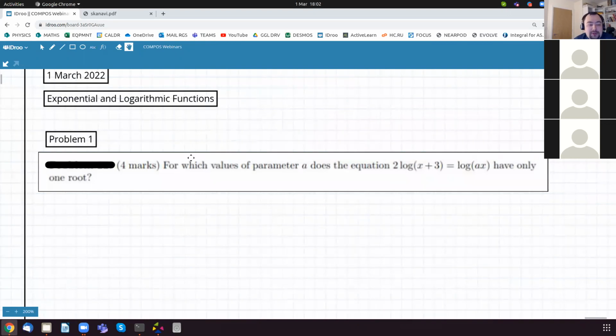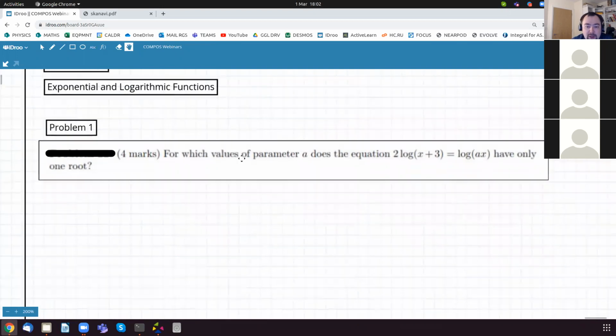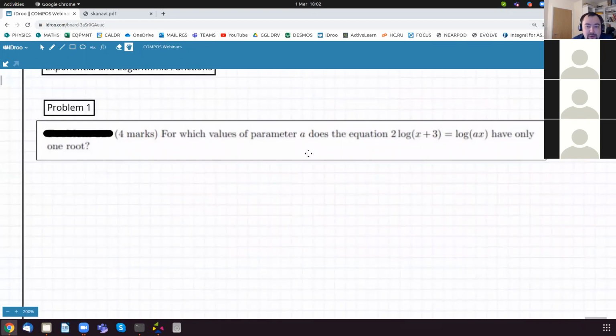It is an equation with a parameter, and the question is, for which values of the parameter a does the equation have only one root? Okay, so we have two logarithmic functions, and they're equal to each other, and we need it to have only one root.